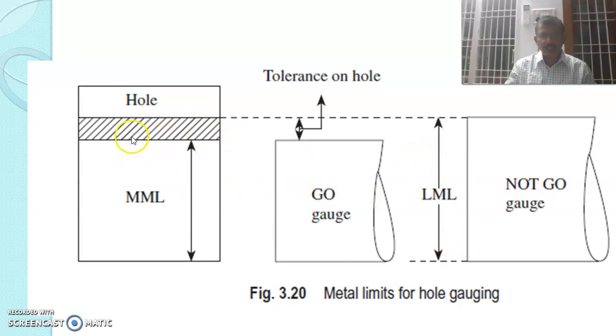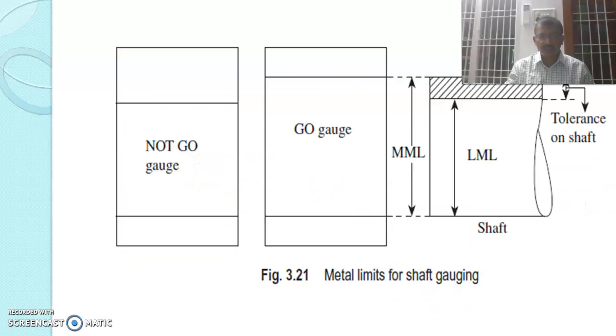The not go gauge should not go inside. If the not go gauge goes inside, the product is rejected. If it does not go in, only then will the product be accepted.